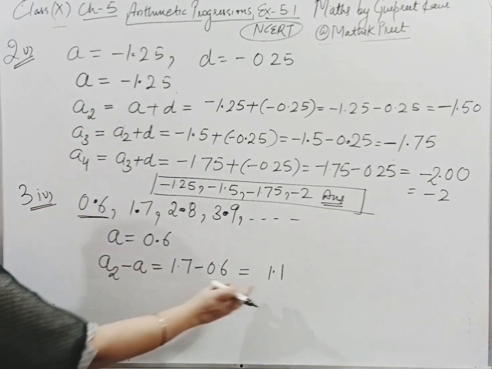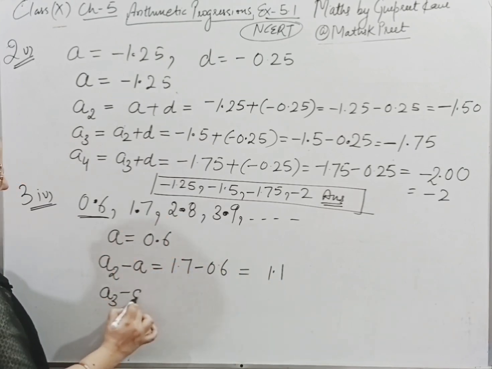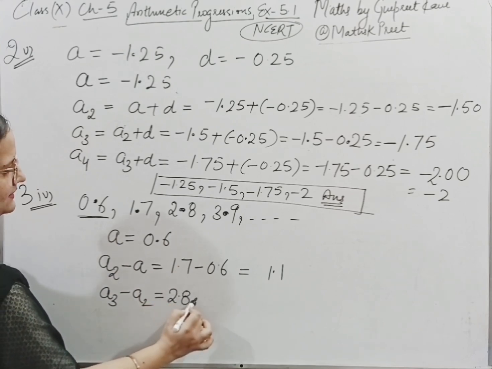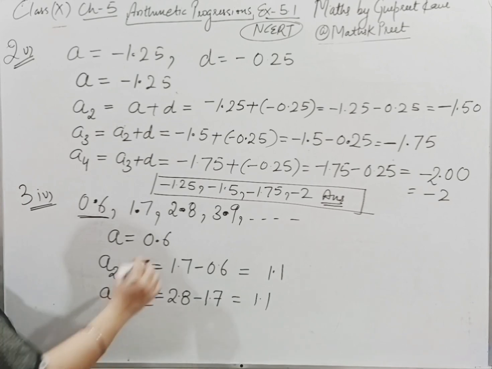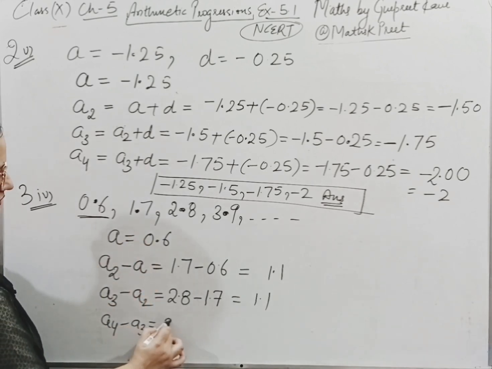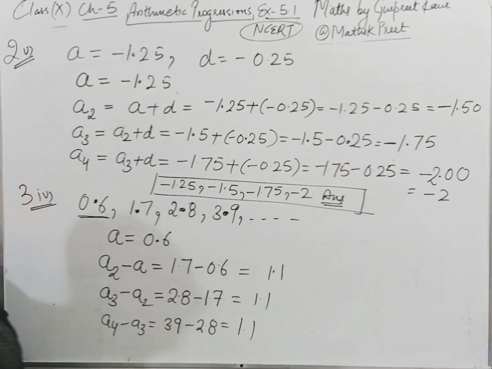To check whether this is giving me the same number, I'll do further. A3 minus A2, so I'll get 2.8 minus 1.7. Again I am getting 1.1. To check further, I'll do A4 minus A3. So 3.9 minus 2.8. Again I am getting 1.1.